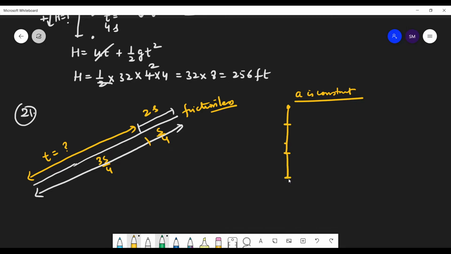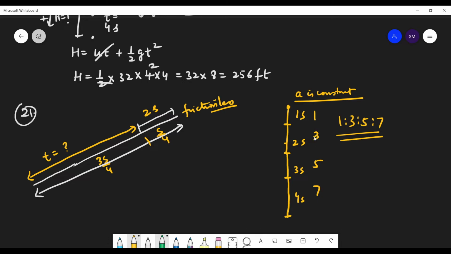Okay, see, like first second, second second, third second, fourth second, what is the ratio of the distance traveled? 1:3:5:7. Do you remember this? Yes, yes, sir. We have done it 2-3 times.